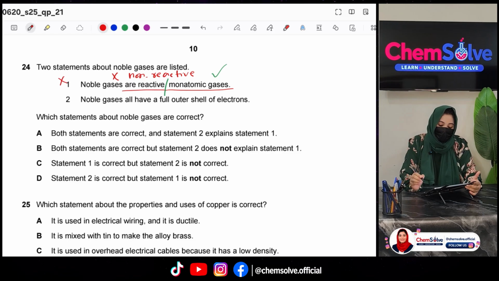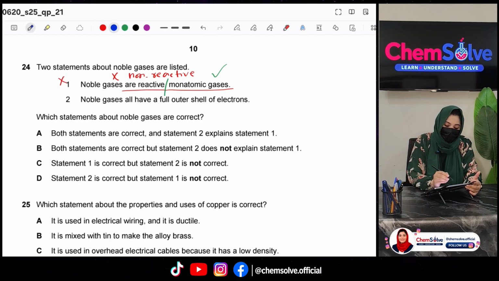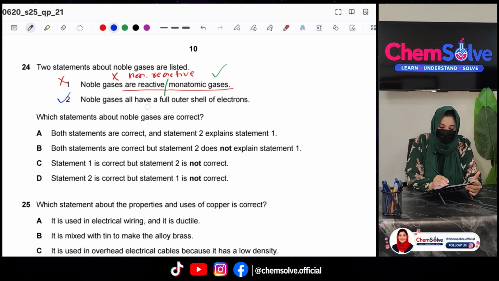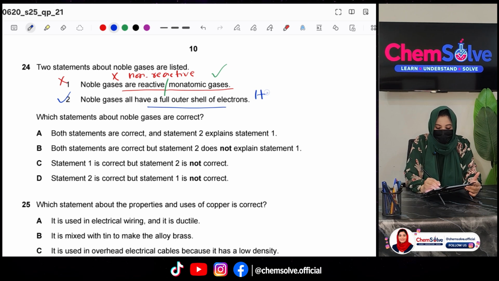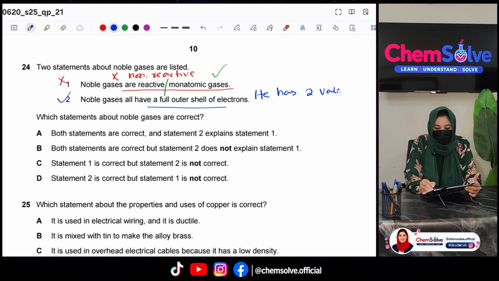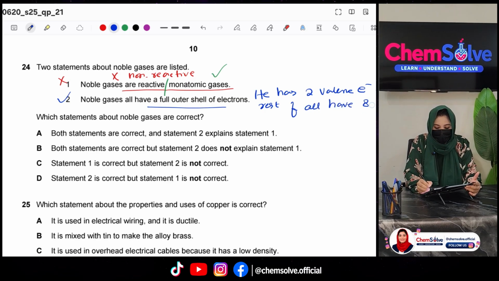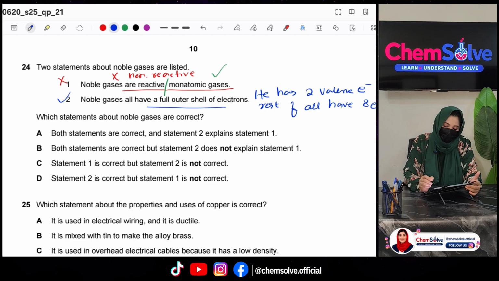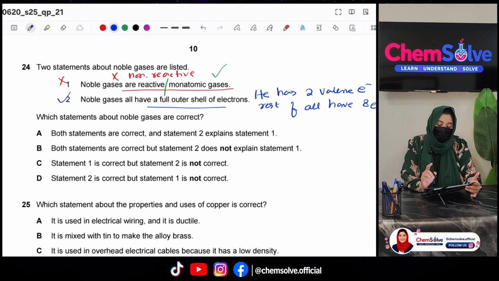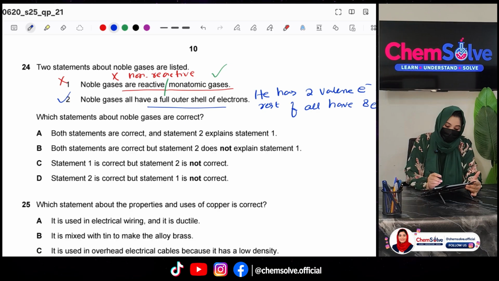Noble gases all have a full outer shell of electrons. Yes, this statement is correct because helium has 2 valence electrons and the rest all have 8 valence electrons. So statement 1 is wrong and statement 2 is correct.